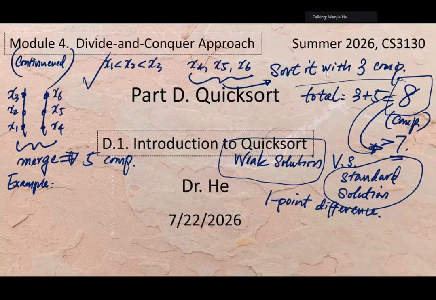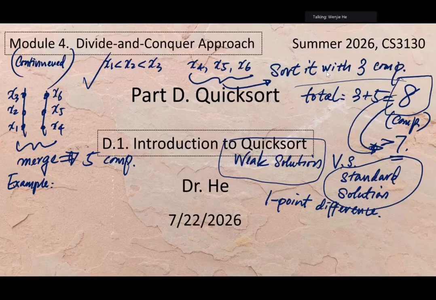I wrote it on my scratch paper. The question is like this, let me recall a little bit.